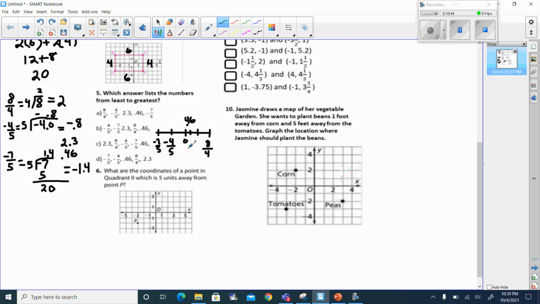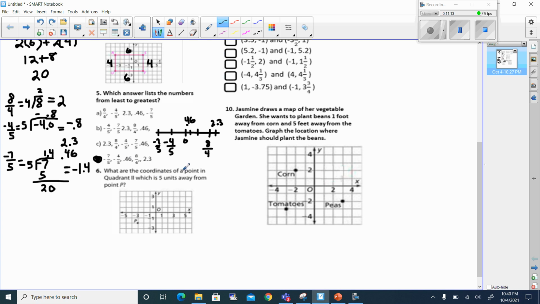Let's see, and then lastly, I'll have 2.3 over here. All right, so my first number better be negative 7 over 5. I see 1 here, and that's the only one actually, isn't it? So it looks like D has to be my answer.